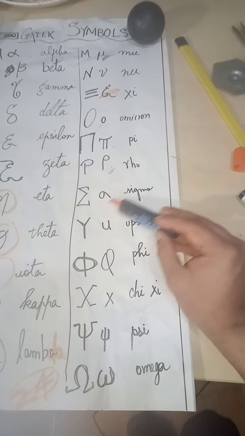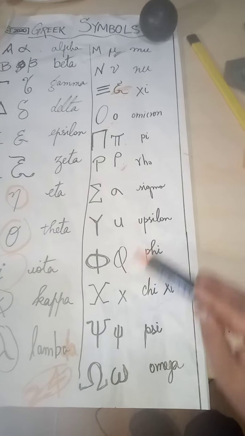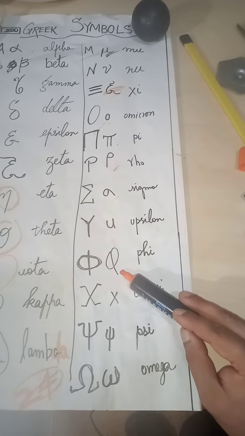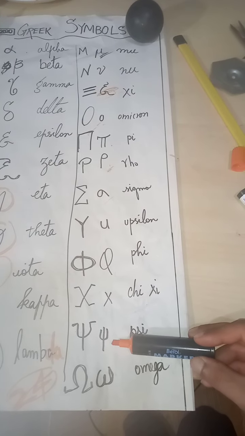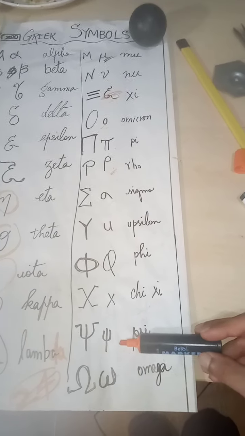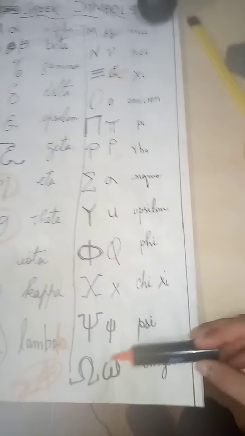sigma is statistics. Phi is used in advanced pure maths. And this one is used in quantum mechanics, and this one's used in physics and maths.